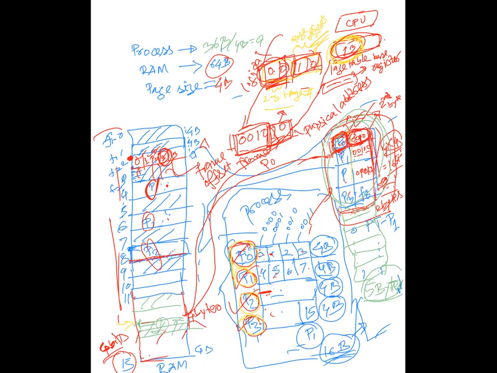So when you accommodate it in a single frame, your CPU gets the process by using the page table base register, starts execution, increments 1 by 1, and executes the whole process.